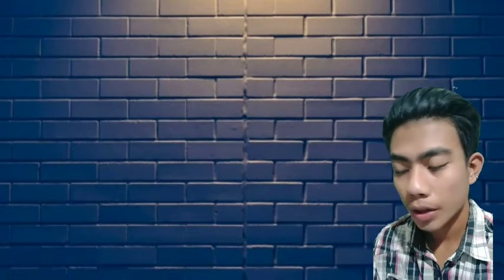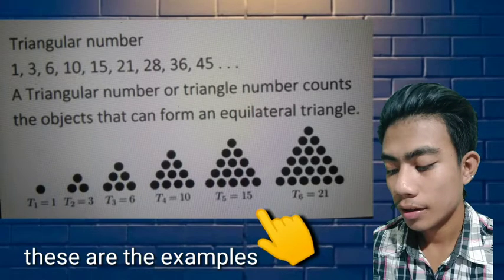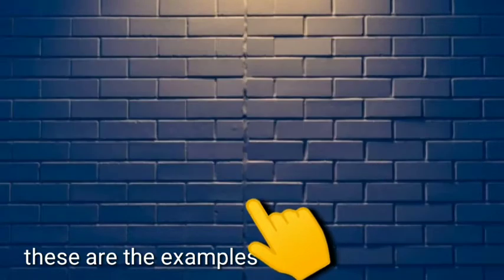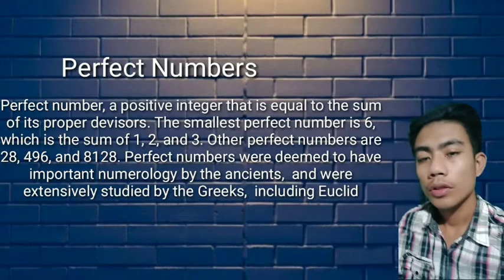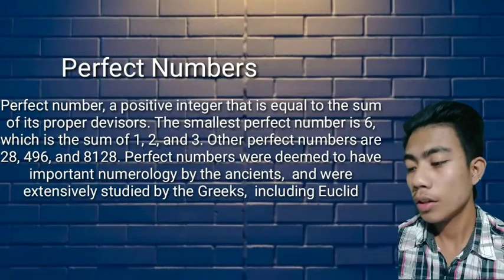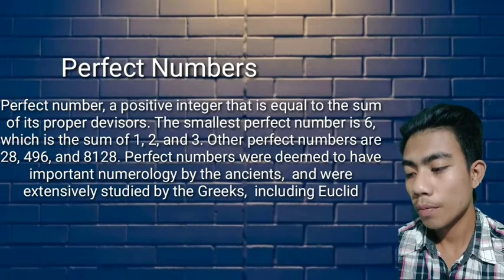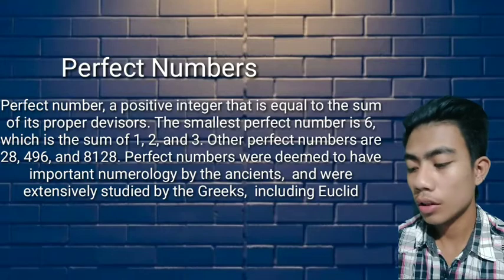Next is the triangular number. A triangular number or triangle number counts the objects that can form an equilateral triangle. Next is the perfect number: a positive integer that is equal to the sum of its proper divisors.